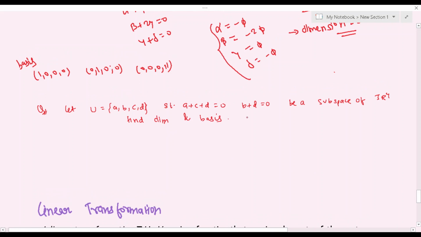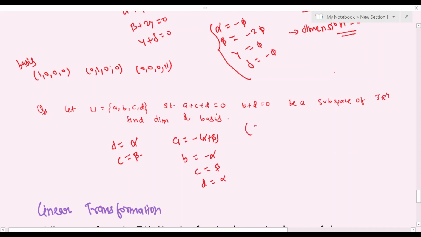Consider this example here. Again, what we have to do is parameterize, or find the parametric solution. Suppose D is equal to some alpha, and C is equal to beta. Then A will be minus of alpha plus beta, B will be minus alpha, C is beta again, and D is alpha.